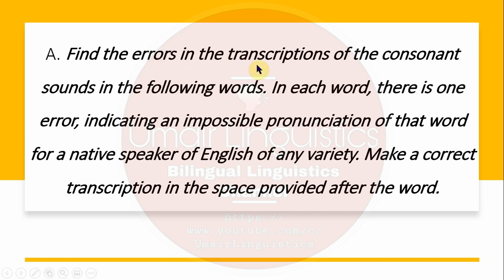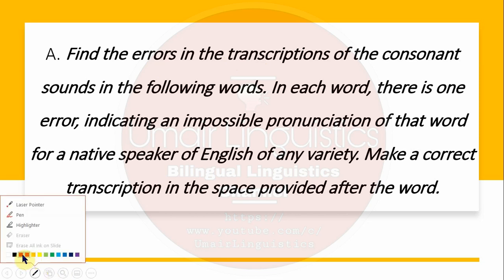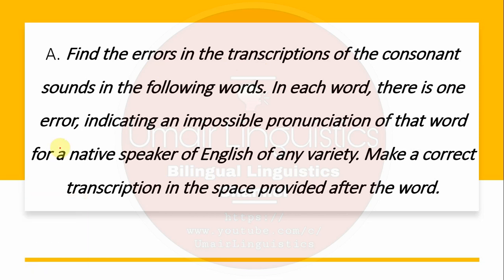Find the error in the transcription of the consonant sounds. We are going to look at some words, and in those words there is one error in a consonant, and this error makes the pronunciation impossible for a native speaker to pronounce in any variety of English. We have to correct that transcription in the space provided after the word.